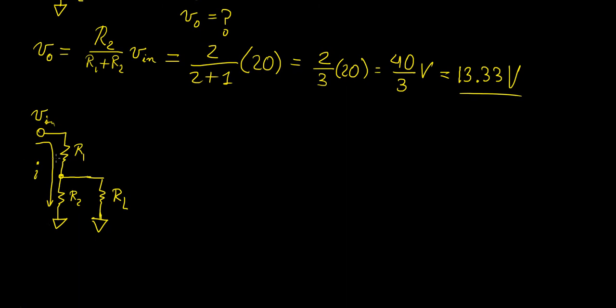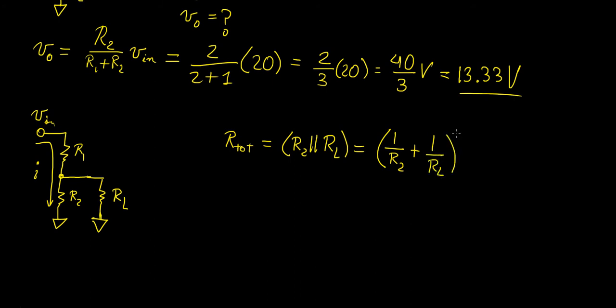In order to find that, first of all, we need to find the total resistance of this circuit. Our total is going to be given by these two resistors in parallel, which means R2 parallel with RL, which is 1 over R2 plus 1 over RL, to the power of minus 1. Or we can simply leave it in this form to have an easier expression.